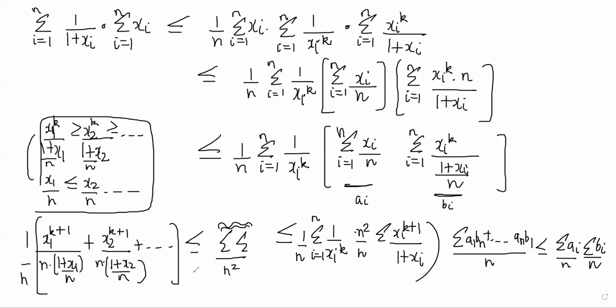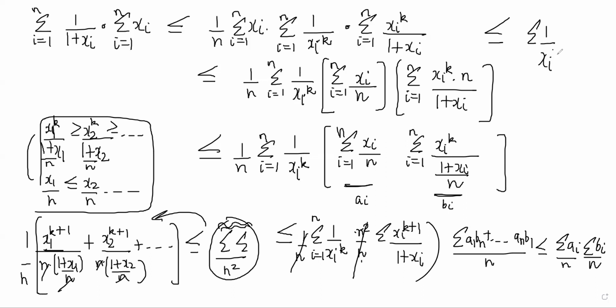Because when you use Chebyshev's here, we get xi power k plus 1 by 1 plus xi and an n on top. So that is why I am doing n square by n. So this basically cancels the n here, and you have less than or equal to summation of 1 by xi power k and summation of xi power k plus 1 by 1 plus xi. That is what I am getting.